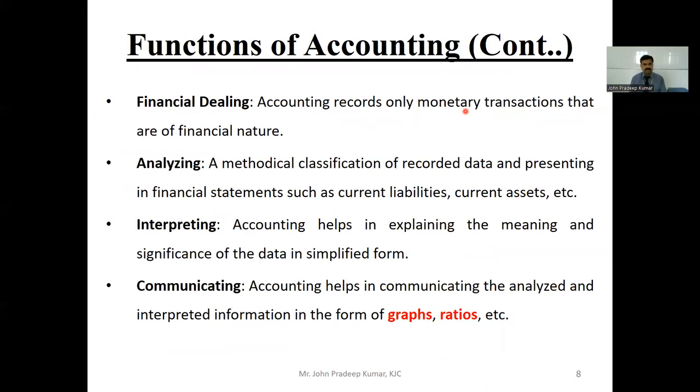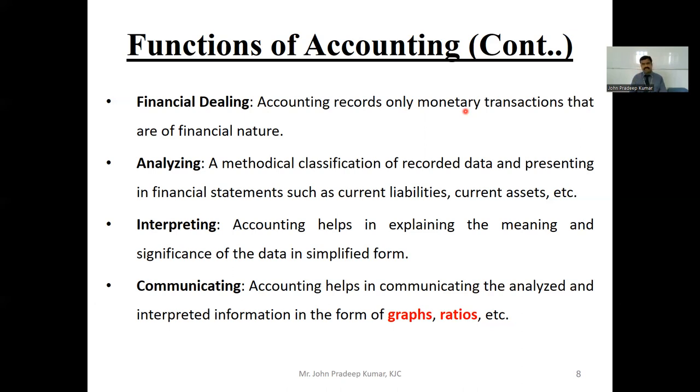Then the next function of accounting is financial dealing. It records all the monetary transactions that are financial in nature. Any transaction which is not financial in nature or which you cannot measure in terms of money will not be recorded. Next one is analyzing. They analyze the current liabilities and current assets and how the company has done in the previous financial year by referring to the financial income statements.